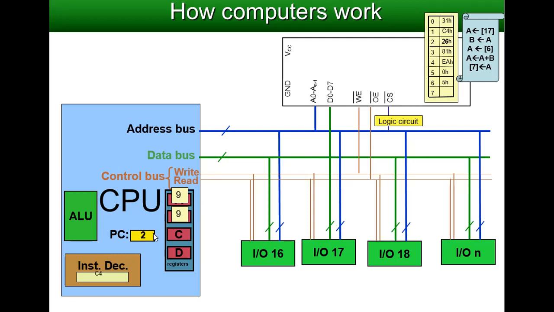Now program counter 2 moves to the address bus. You can see that at address 2 we have 26. This 26 moves from the data bus to the instruction decoder, which decodes 26, and the info at address 6 will move to A. What we have in 6 is this 5.